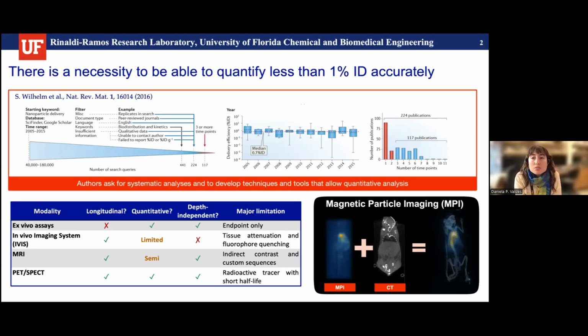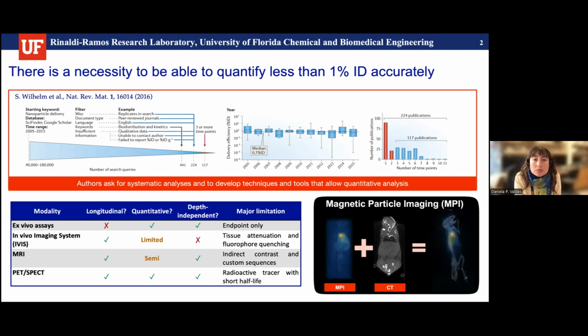And it doesn't matter all the efforts that are being put into changing the coating, changing the materials. All the reports show that a median of 0.7% of the injected dose is reaching that.